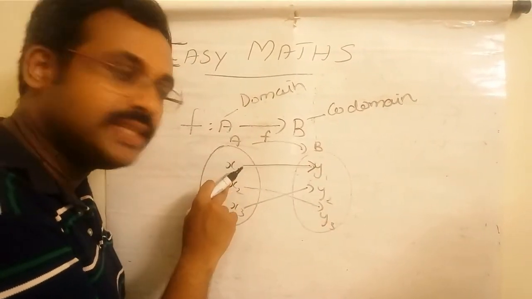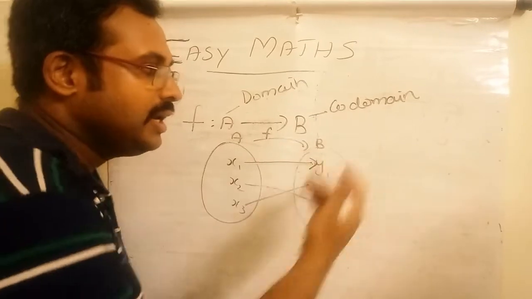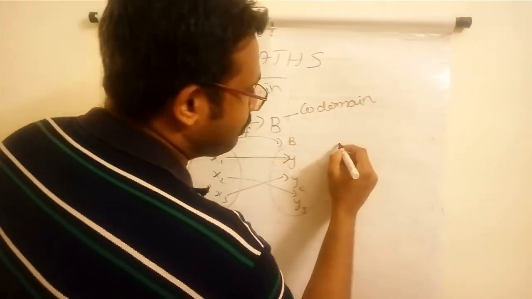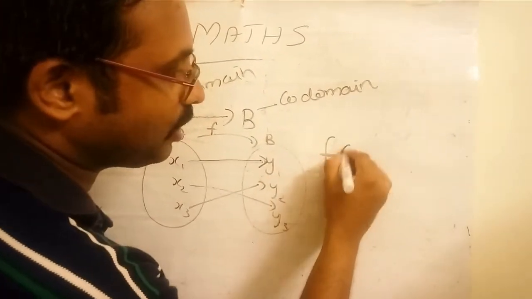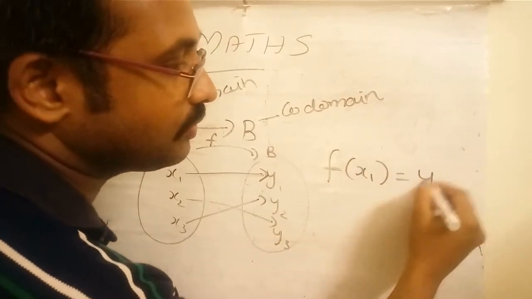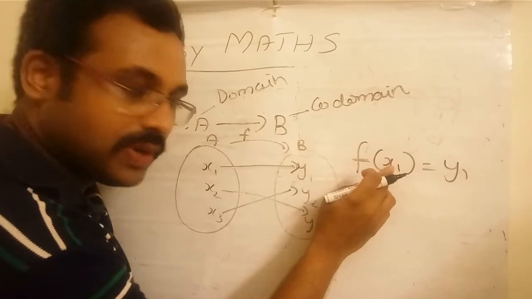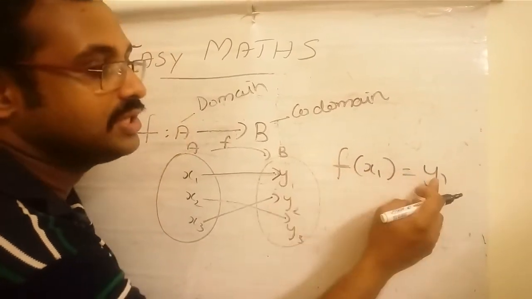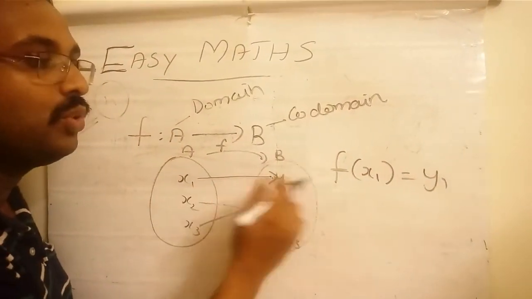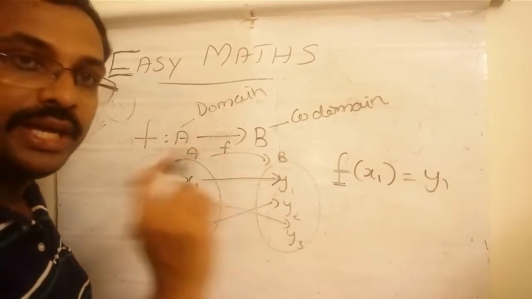The image of x1 is y1, and in function notation we can represent it like this: f of x1 is equal to y1. The meaning of this is that the image of x1 under this function f is y1. So this arrow implies image.